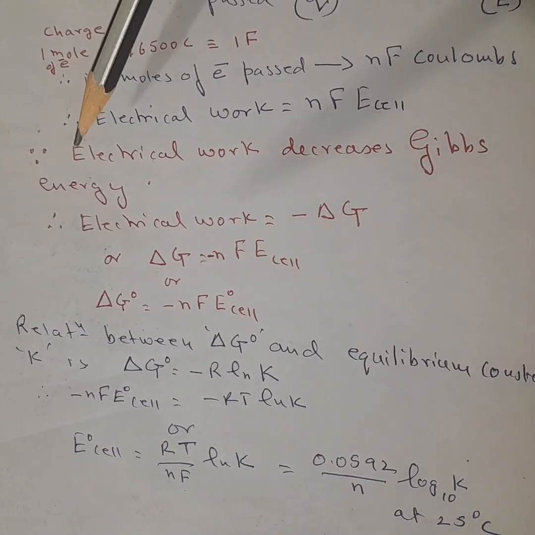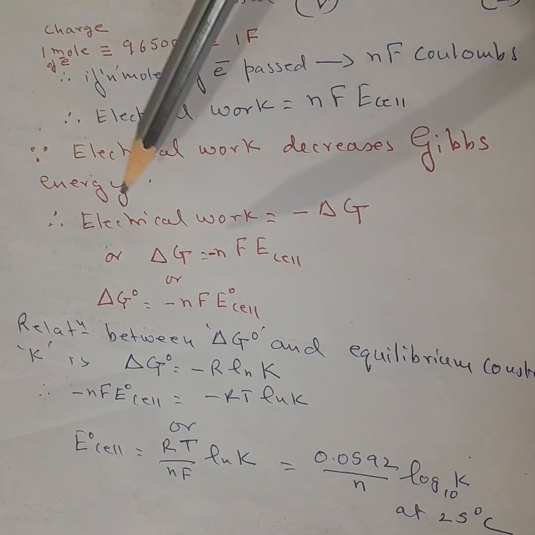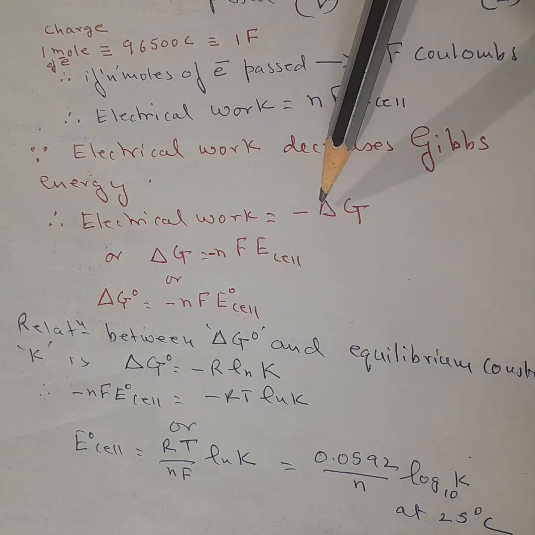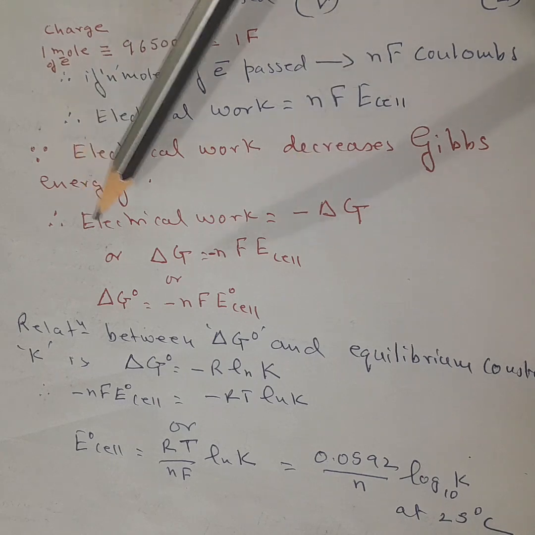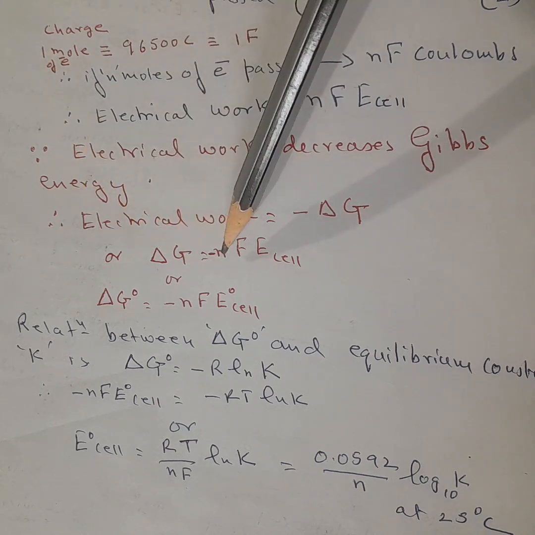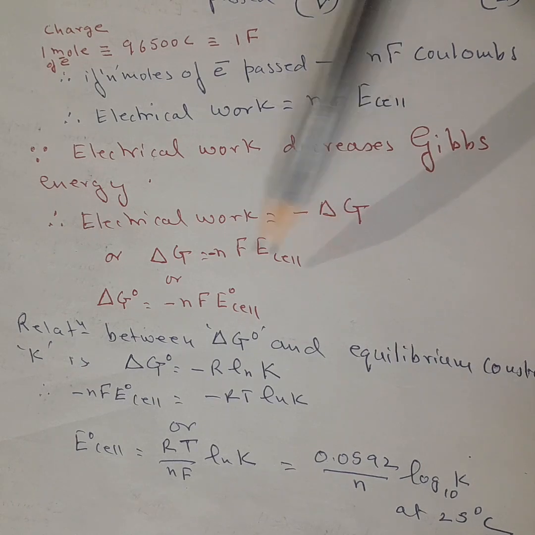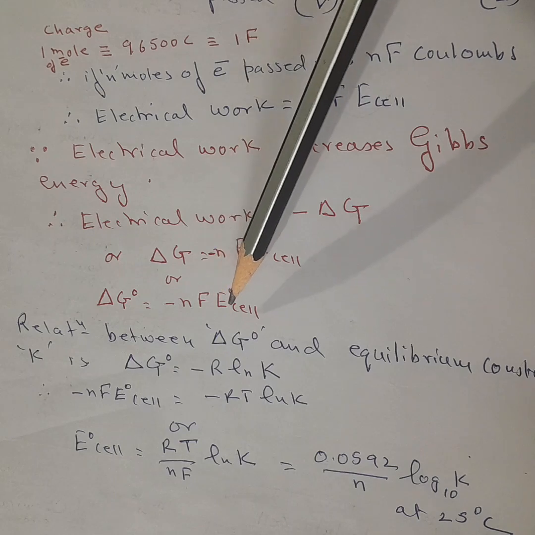So what does electrical work do? Since electrical work decreases Gibbs energy, therefore electrical work would be equal to minus del G. Negative because it decreases Gibbs energy. Alright, so del G is equal to minus nF Ecell. Alright, or standard del G is equal to minus nF E0 cell.